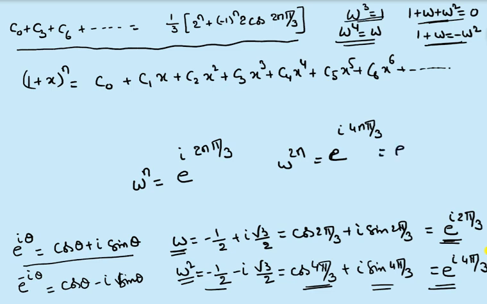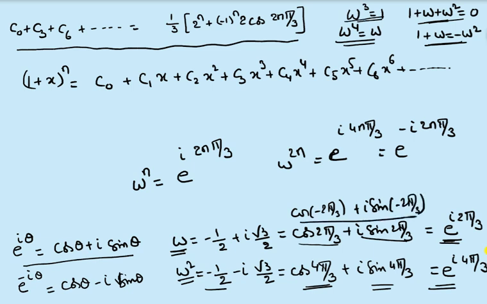This we can also write as e power minus i 2n pi by 3, because here cos 2 pi by 3, i sin 2 pi by 3. Here if you write cos of minus 2 pi by 3 plus i into sine of minus 2 pi by 3, you will get the same, right? So this 4 pi by 3 we can also write as minus 2 pi by 3.